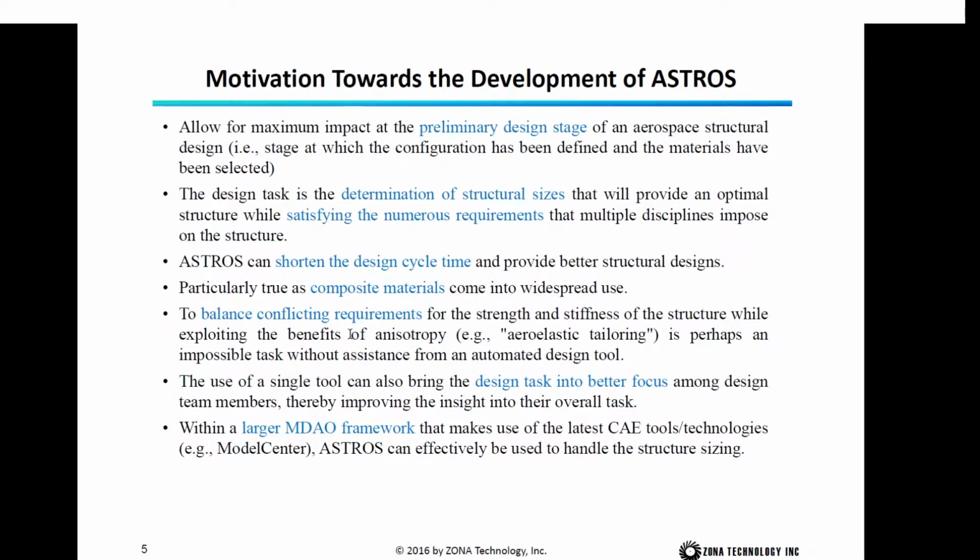And also ASTROS can find the balance of conflicting requirements for strength and stiffness of structure, while exploiting the benefit of anisotropic behavior. Aeroelastic tailoring is perhaps an impossible task without assistance from an automated design tool. If you want to take advantage of aeroelastic tailoring by designing an optimal composite structure to satisfy the design constraints, without an automated design tool like ASTROS, finding such an optimal structure is almost impossible.